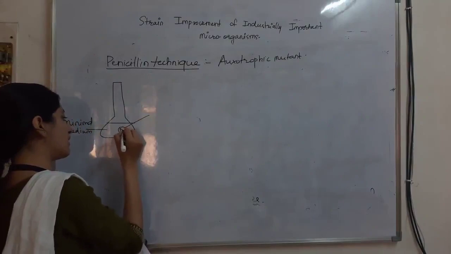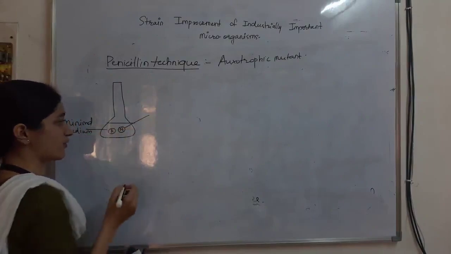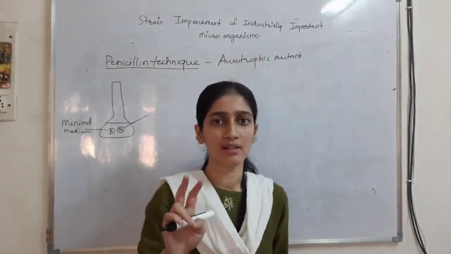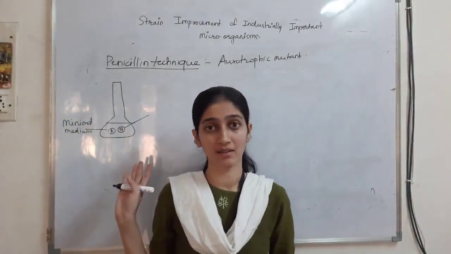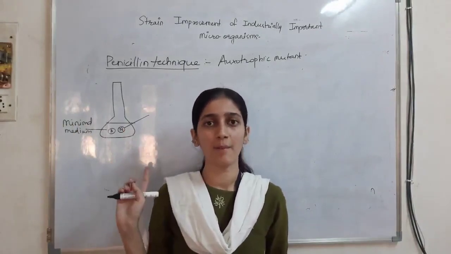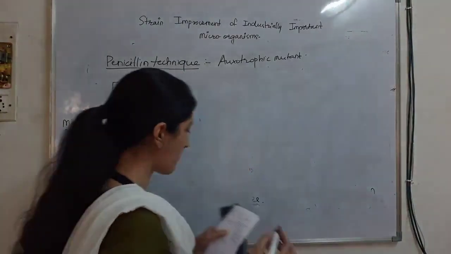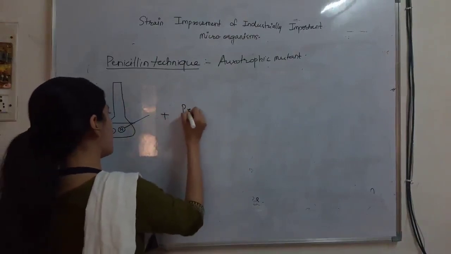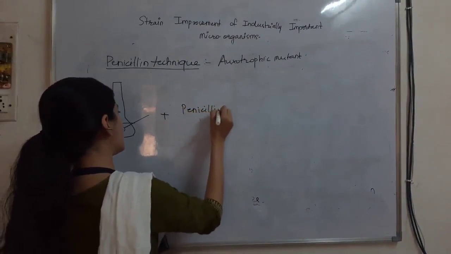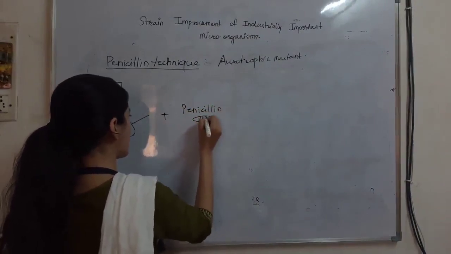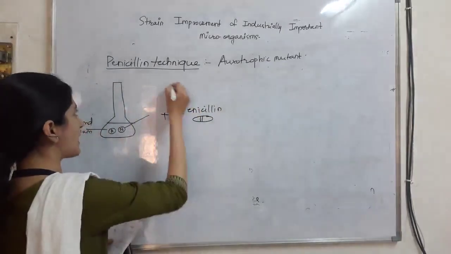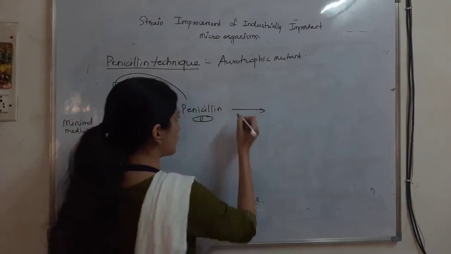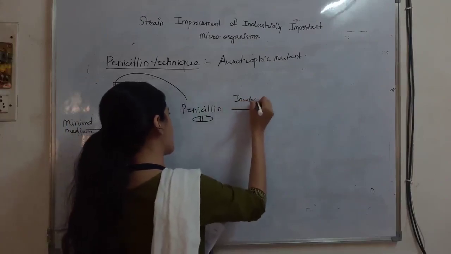We add non-auxotrophic and auxotrophic mutant. Now we don't know if there is auxotrophic mutant in the minimal medium. So what we are going to do is, we are going to add penicillin antibiotic in the same flask and let it grow. We are going to incubate it.